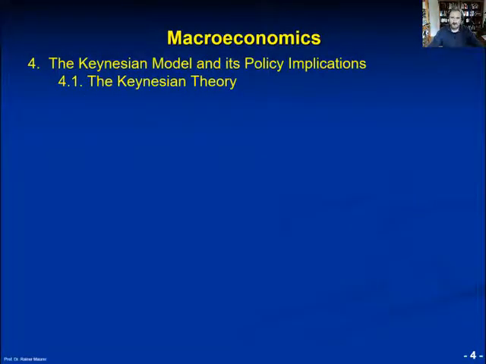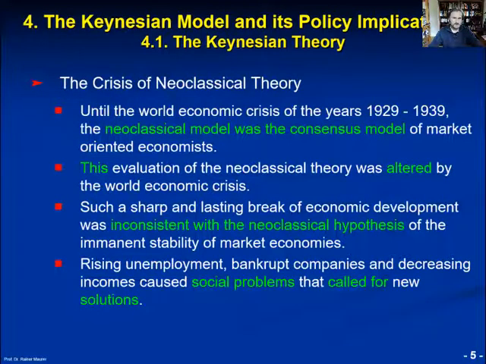So let's start with a look on the historical background of the Keynesian theory. Until the world economic crisis of the years 1929 to 1939, the neoclassical model was a kind of consensus model of market-oriented economists. This evaluation of the neoclassical theory was significantly altered by the world economic crisis.